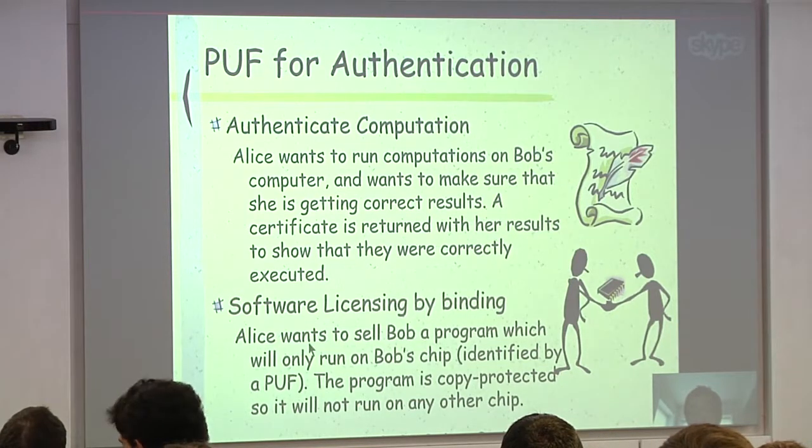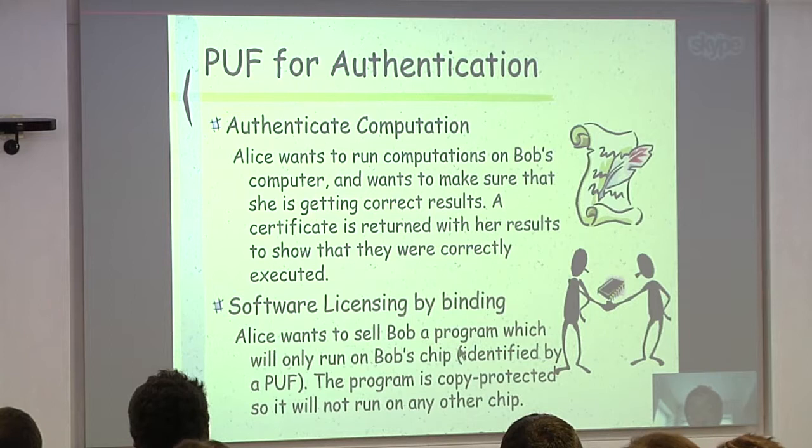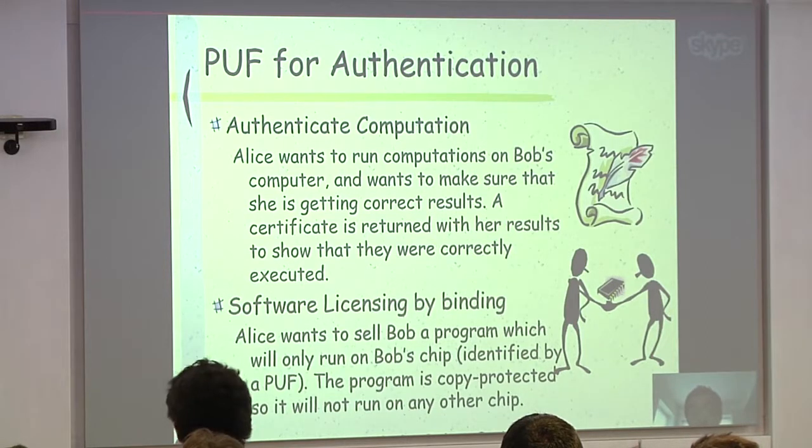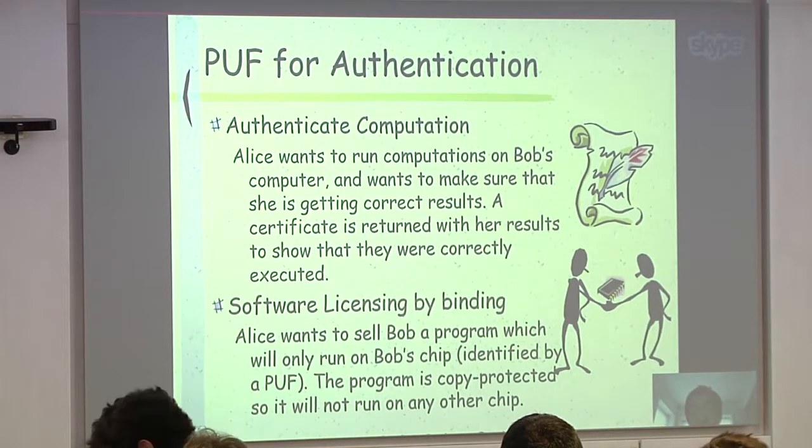So what Alice can do is change the program or make some copyright-protected version, and that is going to run only on Bob's cell phone, because his cell phone is a hardware device, and that hardware device can have a PUF type of feature. So it can only be authenticated for that particular device. So if Bob sends this app to his friends, it cannot be used by them.